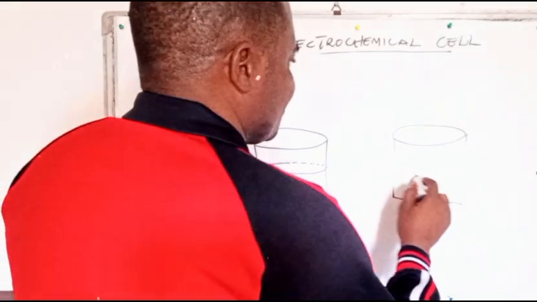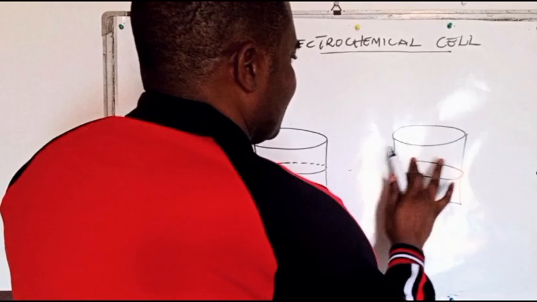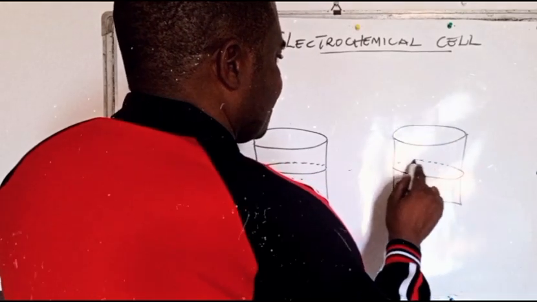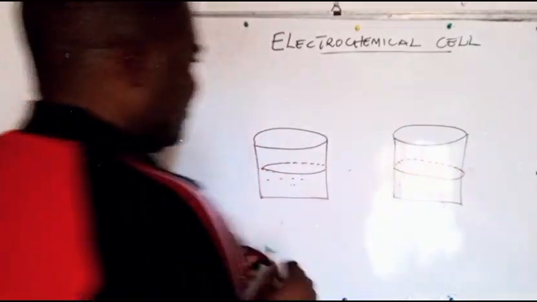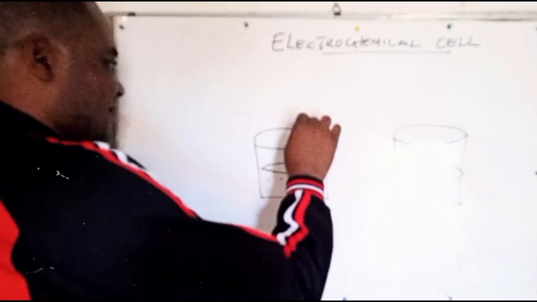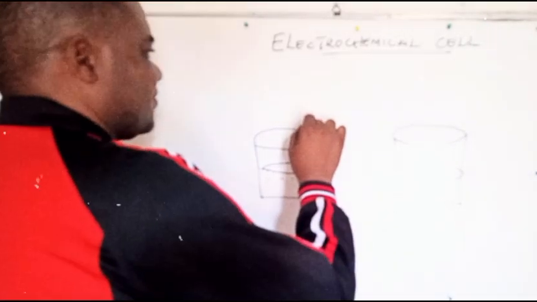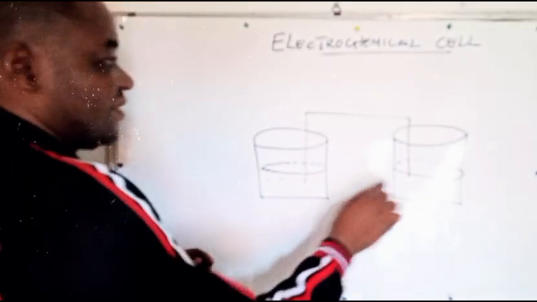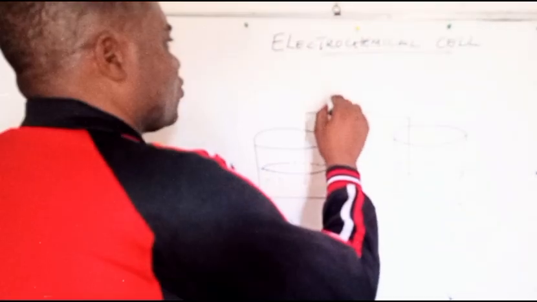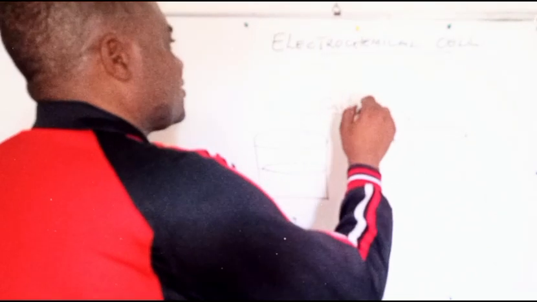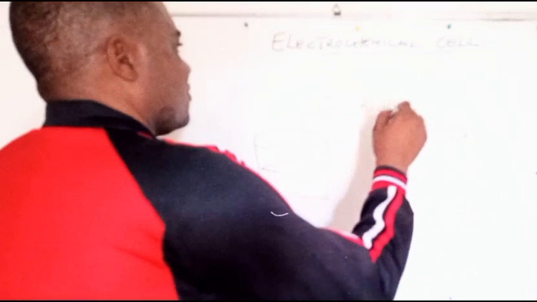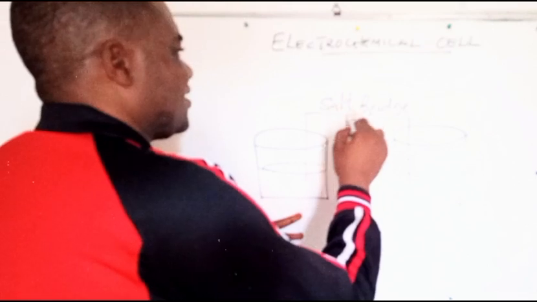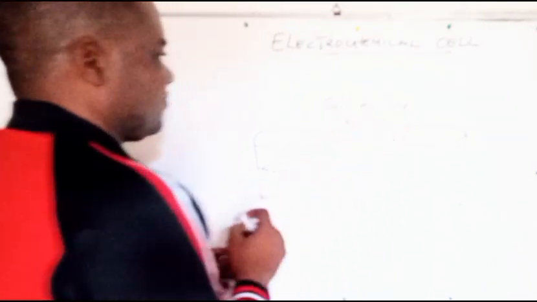In here, there is also a solution. Now, there is a connection between these cells, between these systems. And this connection is what we typically call a salt bridge. A salt bridge. Usually, it's potassium chloride.